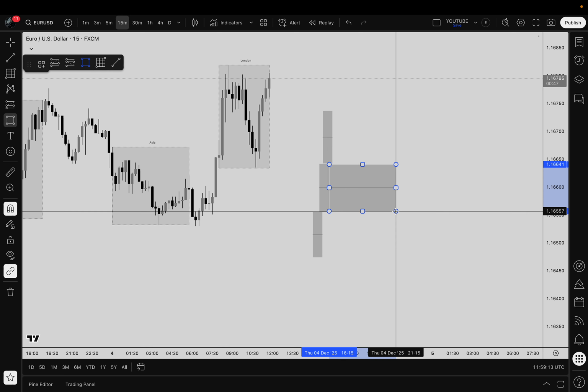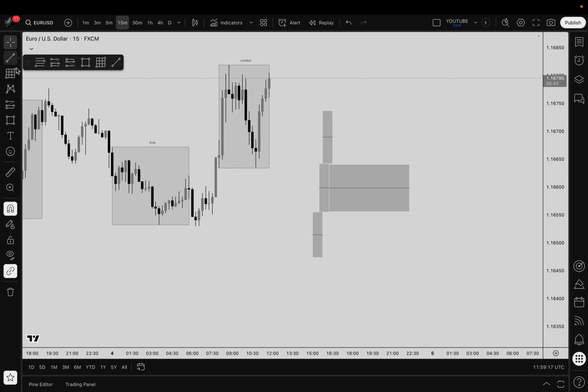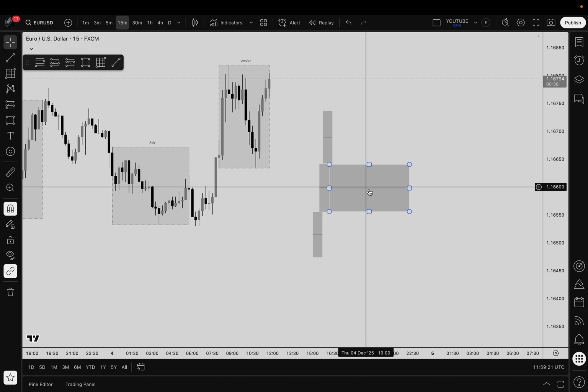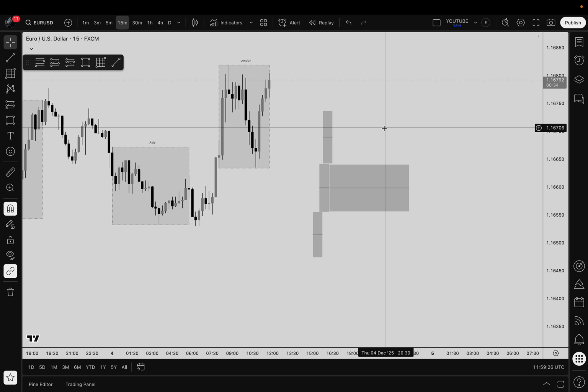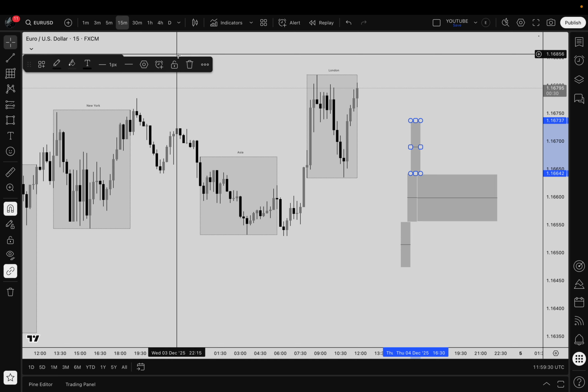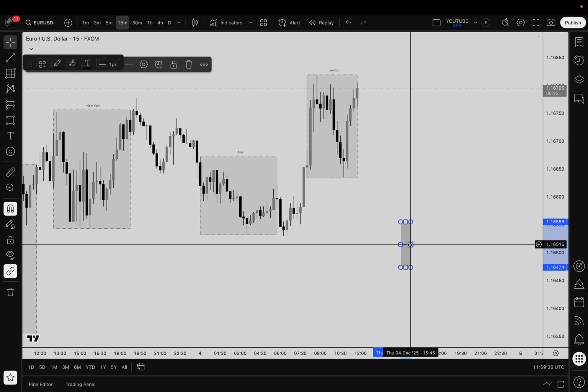Okay, we can all agree this is a gap, and we can use this for price to come back into these areas of fair value gaps, and we use these as entry points to enter our trades. Okay, so an example of this, if I just delete this very quickly, is here.